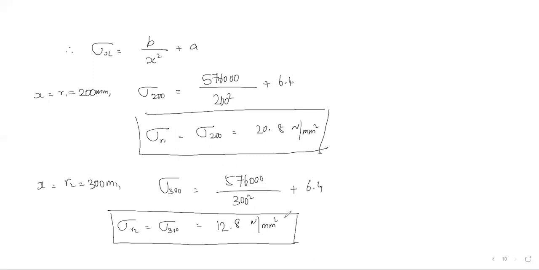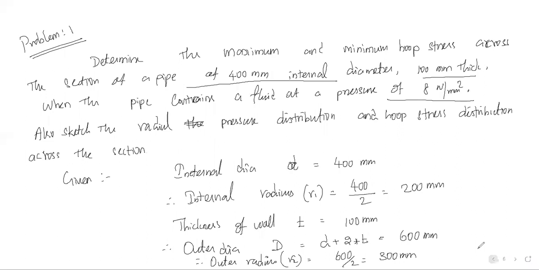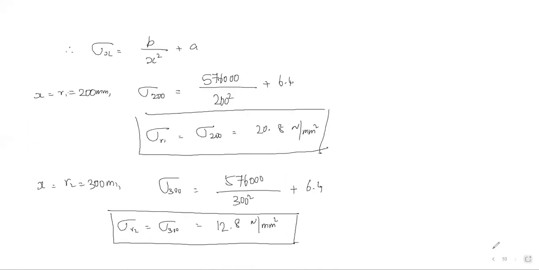Now they have mentioned to draw the radial pressure distribution and hoop stress distribution across the section. So the diagram we have to draw.